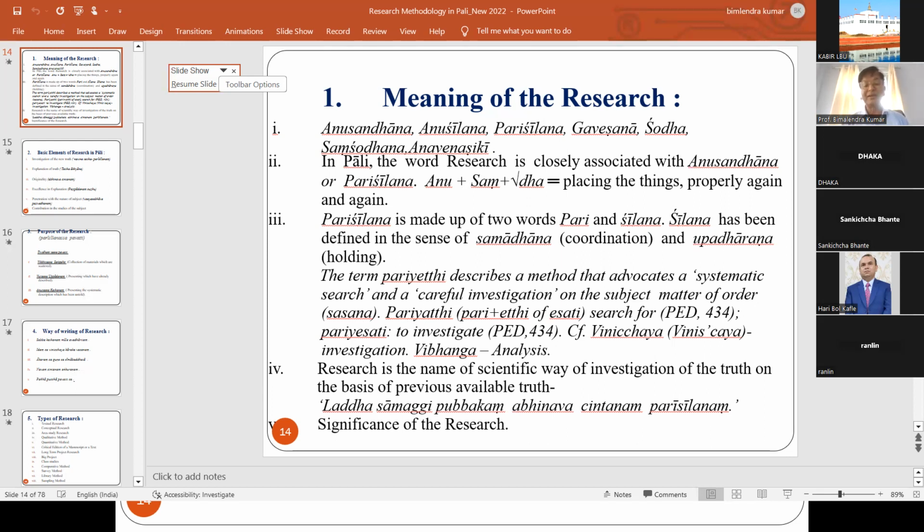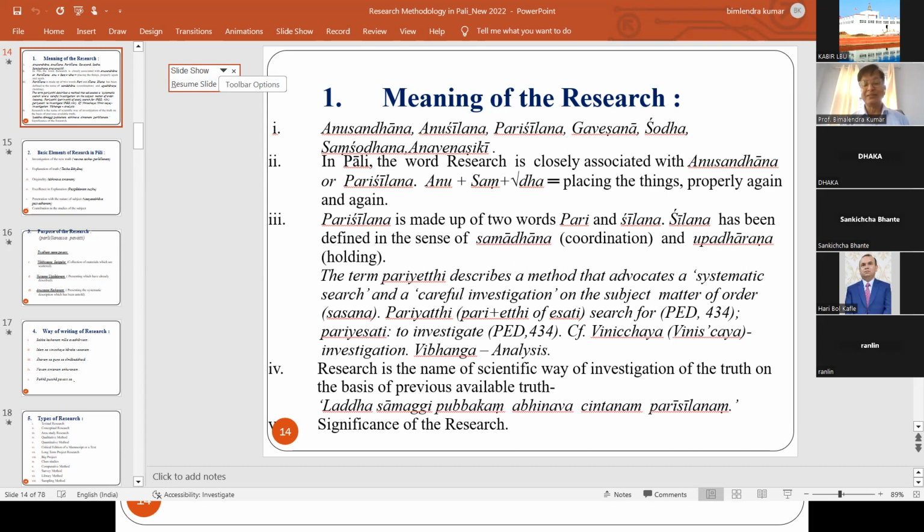So here there are other terms which are also available in our Pali texts. In the Majjhima Nikaya, there is a sutta, the Ariya Pariyesana Sutta. In it, there are teachings on how you can understand the teachings of the Buddha, or the noble truths, or the eightfold path, or the law of dependent origination. There is a term which comes here, pariyatti, which has been interpreted by T.W. Rhys Davids in the Pali English Dictionary, page number 43.